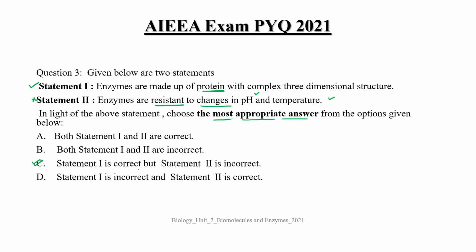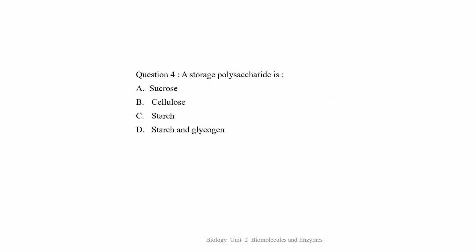Enzymes are made up of protein with complex three-dimensional structure, which is a correct statement. And statement 2 is incorrect, because enzymes are resistant to change in pH and temperature is a 100% wrong statement. So this is the correct answer. Clear? Now let's move to the next question, that is question number 4.